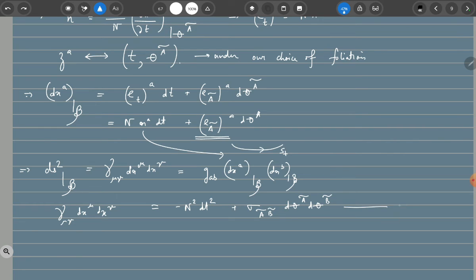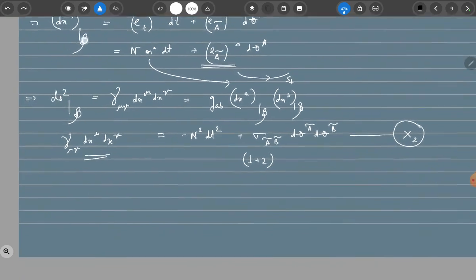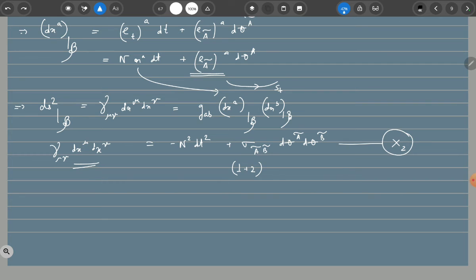So this is our 1 plus of 2 decomposition of this metric as per our foliation. And again, it's very easy, just like the one we had done for the 1 plus of 3 foliation, to show that the square root of the determinant of the metric on this curly hypersurface B is actually equals to the lapse function times the induced metric. I mean, this is actually the induced metric on the two surface ST.